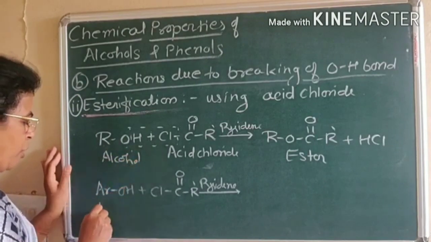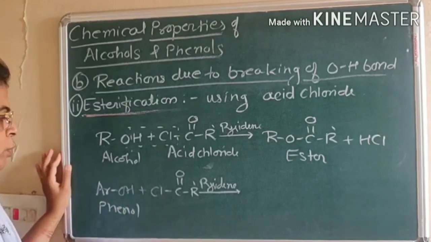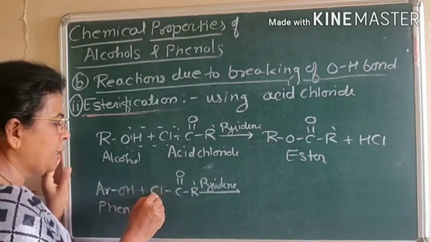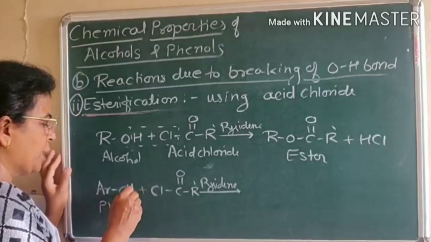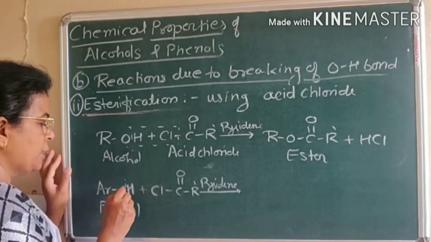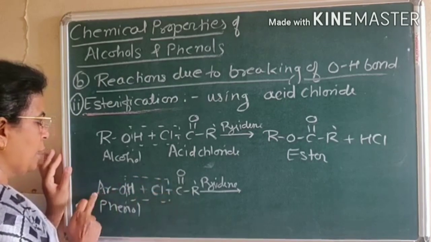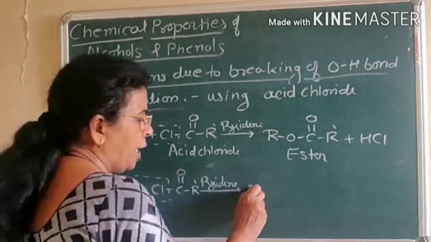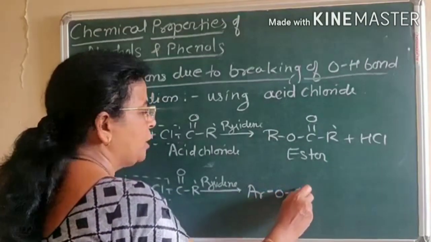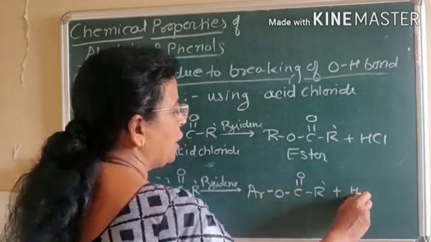Now we are going to see phenol. Phenol is reacted with this acid chloride, that is R dash C double bond O Cl, in presence of pyridine. The same reaction takes place. Here the OH bond breaks and this H gets attached to this Cl, then this ArO gets attached to this carbonyl group to form ArO C double bond O R dash plus HCl.